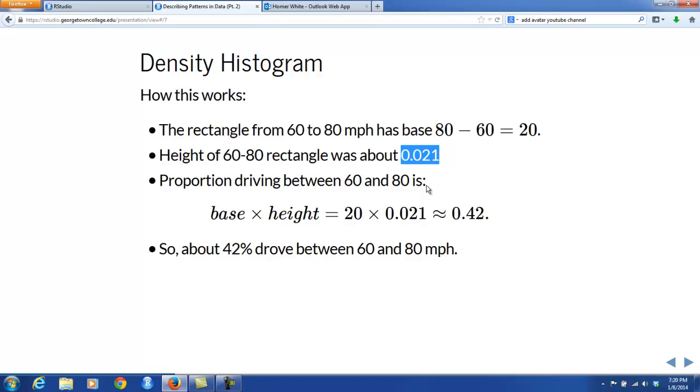So when you compute the area of the rectangle, which is the base times the height, you do 20 times 0.021, and if you pull out a calculator or do it in your head, you get about 0.42. That's the 42% who drove between 60 and 80 miles per hour. So that's how a density histogram works. You need to think about both the width and the rather strange looking height in order to get a proportion that fall within a certain range.